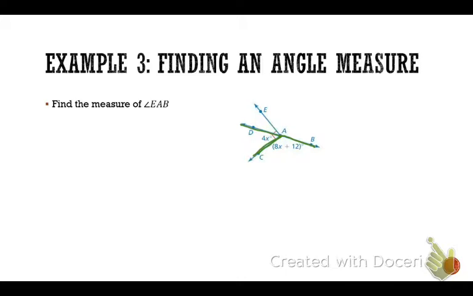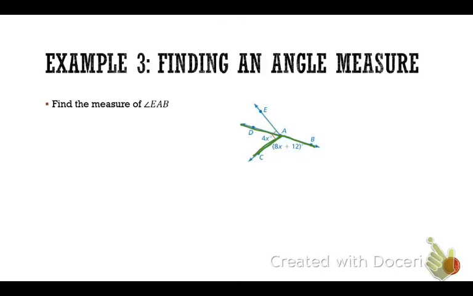How do those angles relate to each other? Now, this is the part you're going to have to know, or our ship is sinking. They are supplementary. So if they're supplementary, what do they have to add up to? 180.